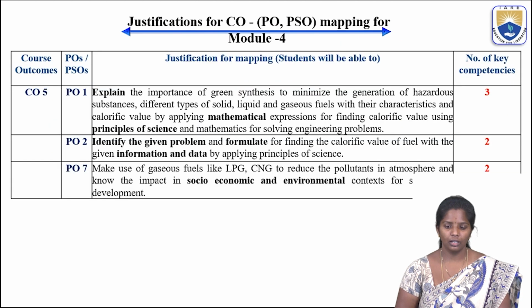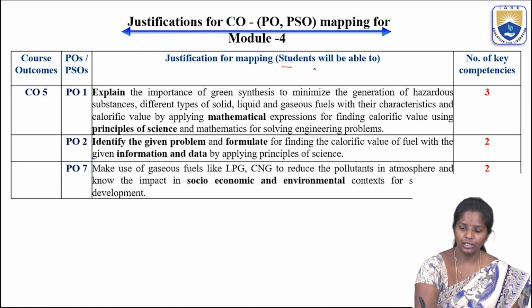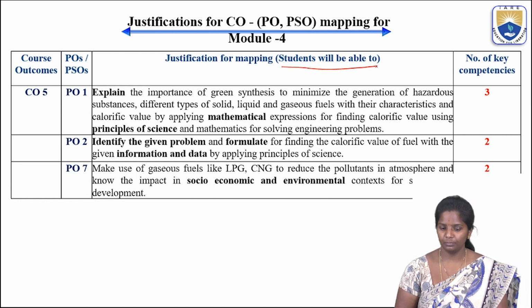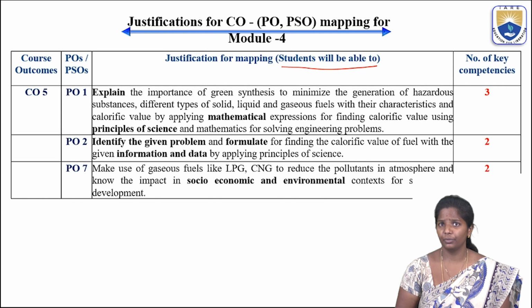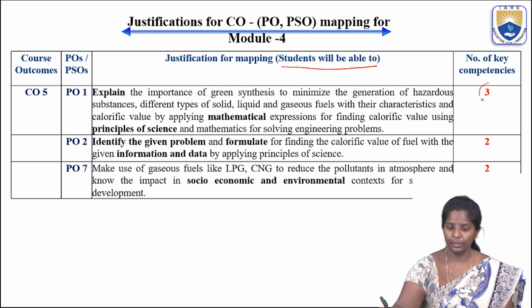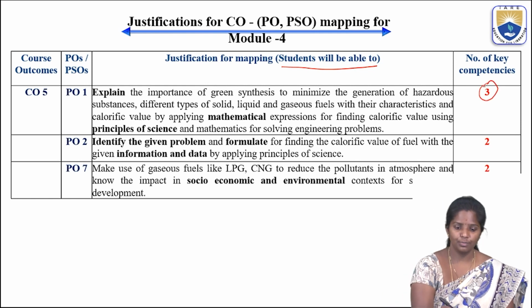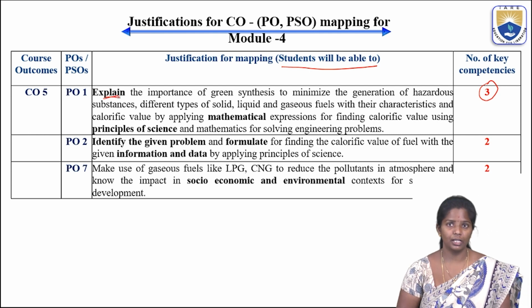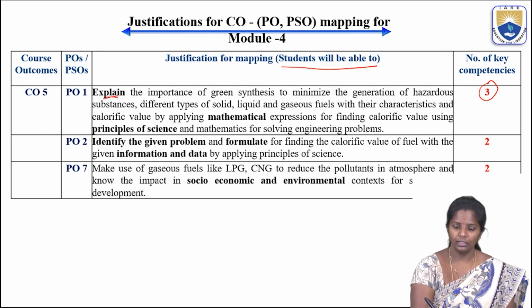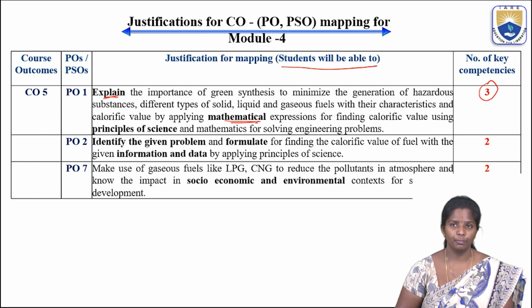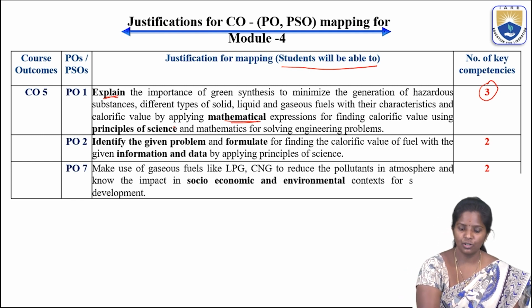Coming to the module again, what the student will be able to understand. There are 3 key competences. What are those 3? That is the basic engineering knowledge, then mathematical expressions, problem analysis, and principles of science.